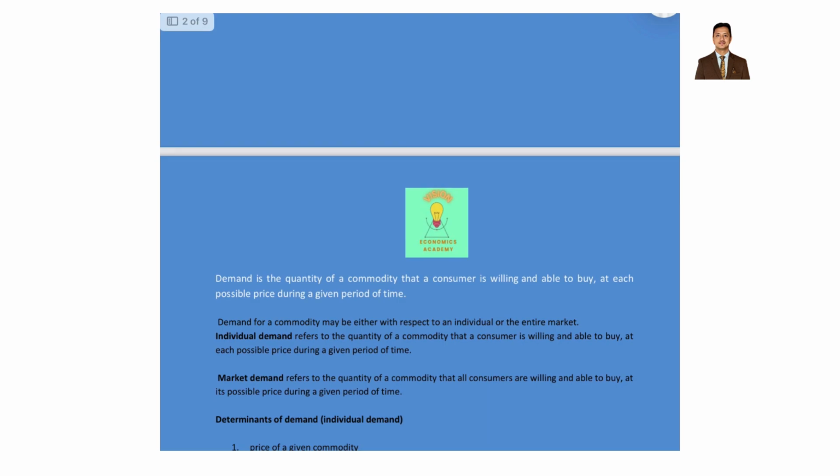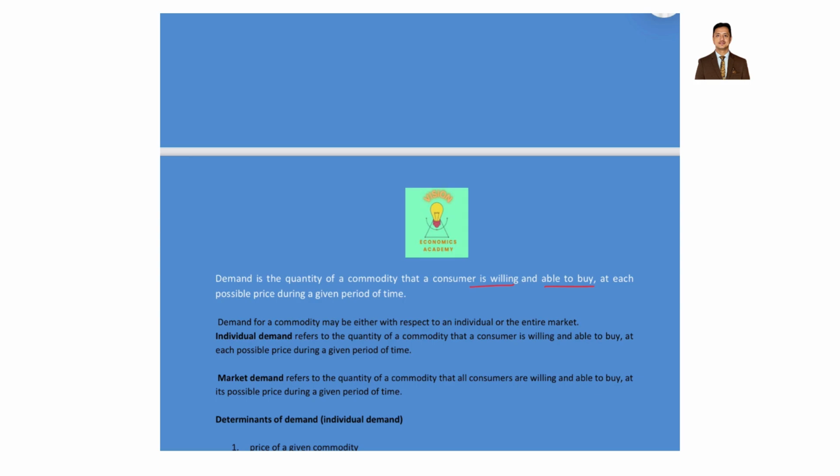So what is demand? Demand is all about how much of a product or services people are both willing and able to buy. Now, you wanting to have something without the purchasing power is a mere desire.